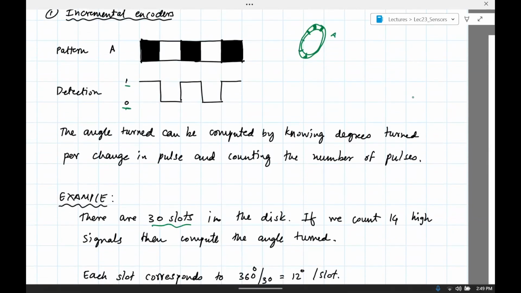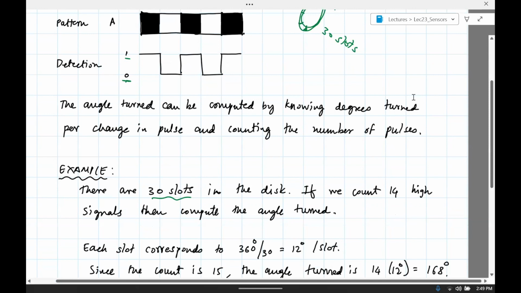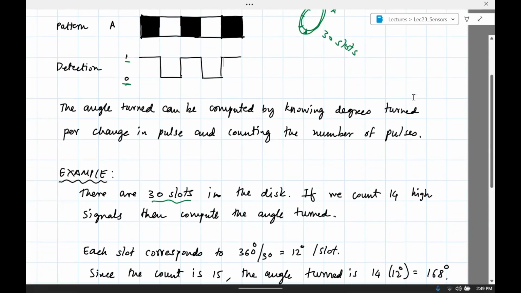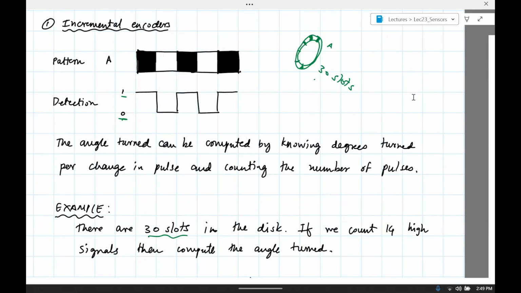Let's say there are 30 slots. If there are 30 slots, we know that each slot would be 360 divided by 30, which is 12 degrees. So each time it goes from black to white, or opaque to transparent, or 1 to 0, we sweep 12 degrees.